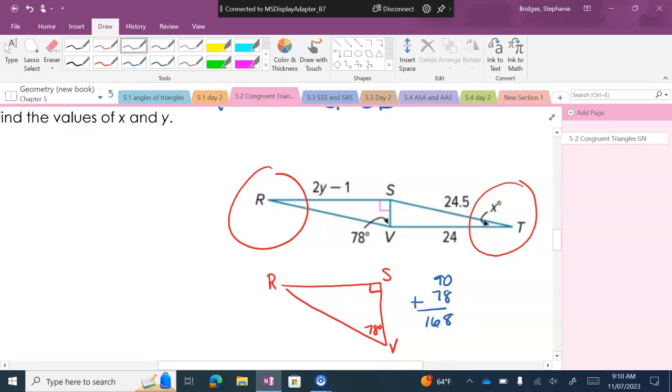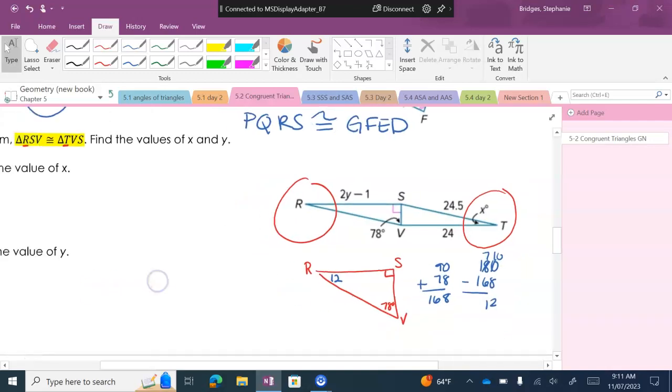And then I'm going to subtract that from how much? How much do all angles of the triangle add up to be? 180. So what is angle R going to be? 12. So guess what X is going to be?